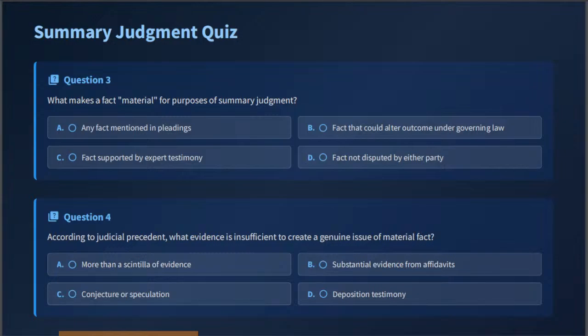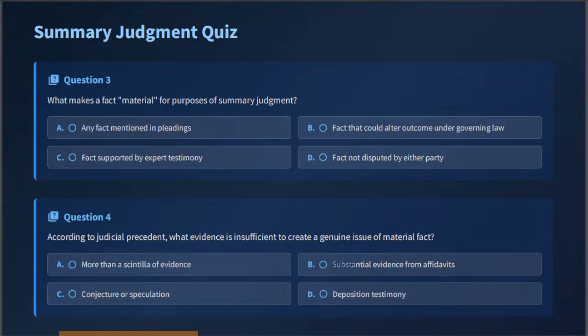All right, question 4. According to judicial precedent, what evidence is insufficient to create a genuine issue of material fact? So according to judicial precedent, looking at some of the cases we read. A, more than a scintilla of evidence.